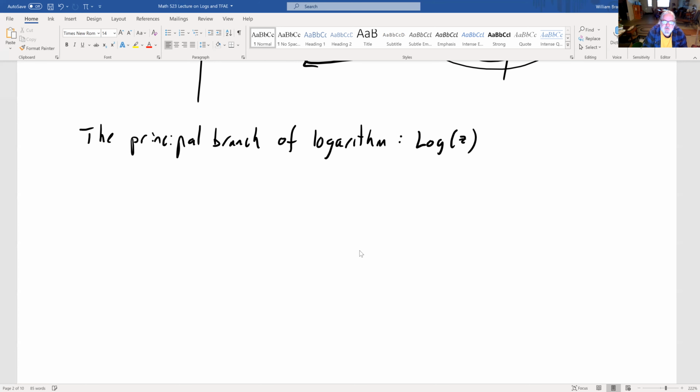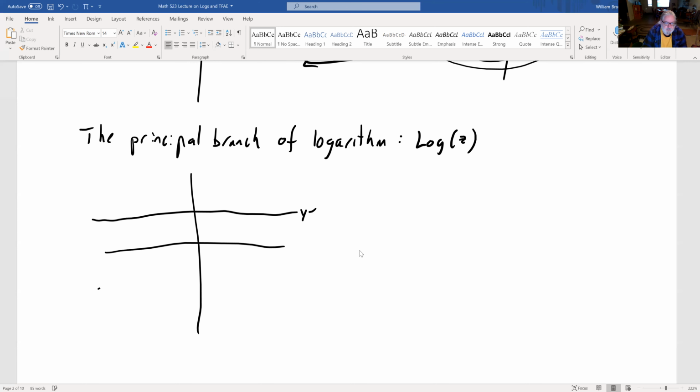So the principal branch of the logarithm is denoted with a capital L, Log. And we say, okay, what we're going to do is we're going to go from y equals pi, y equals minus pi. This bottom line is supposed to be dotted because we're not going to include it in our domain.